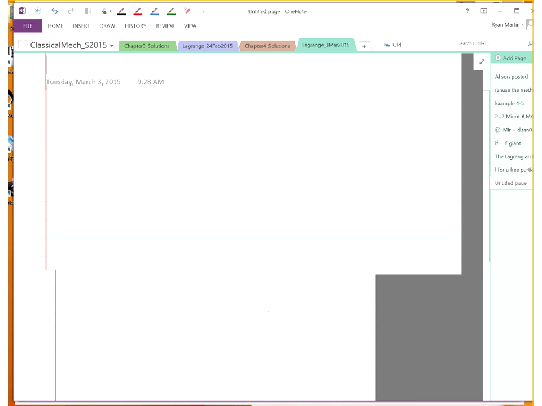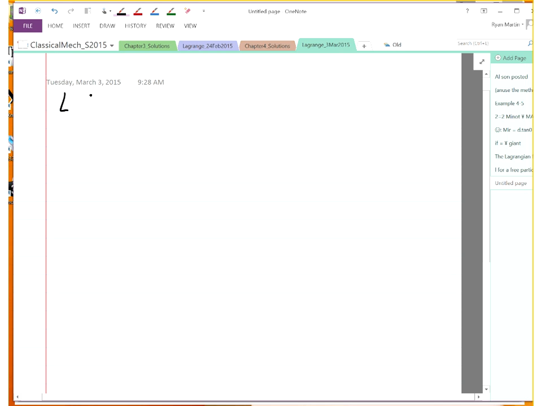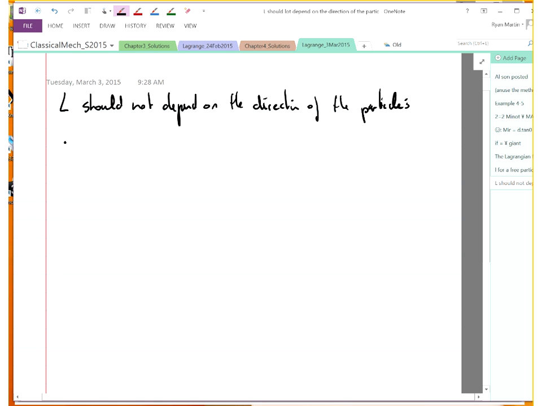Now from Hamilton's principle, okay, let me make another argument. L should not depend on the direction of the particle's velocity.